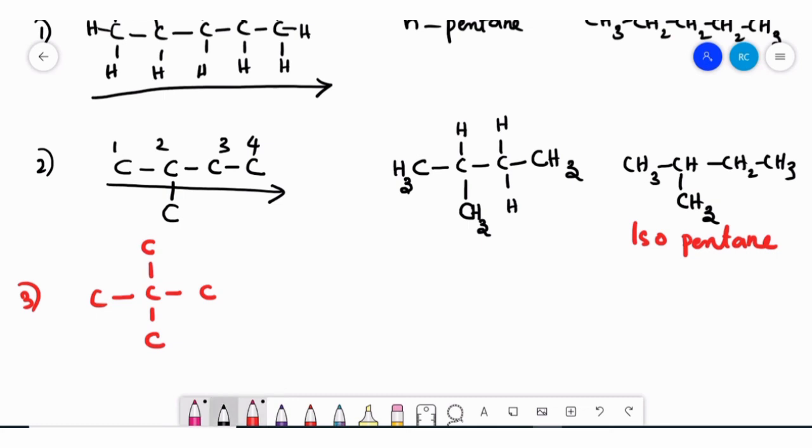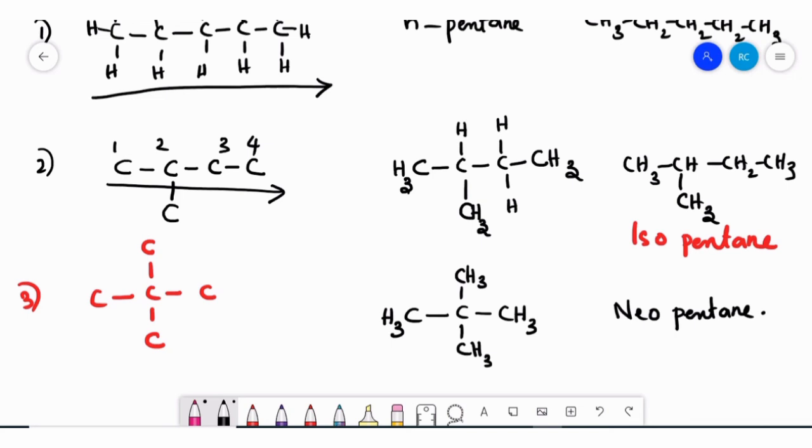If you add hydrogen, the first carbon will contain 3 hydrogens. The second carbon already has 4 valencies satisfied by forming 4 bonds with carbon. The last carbon gets CH3, and the upper branch is CH3 and the lower branch is CH3. Its common name is neopentane.